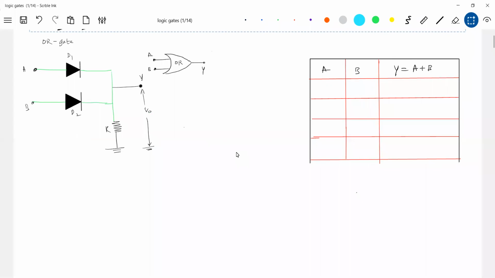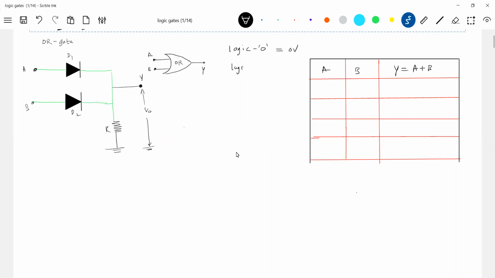First the inputs A and B are logic 0. I'm trying to introduce this. Logic 0 is defined by 0 volt.